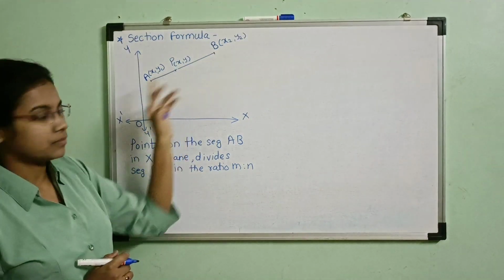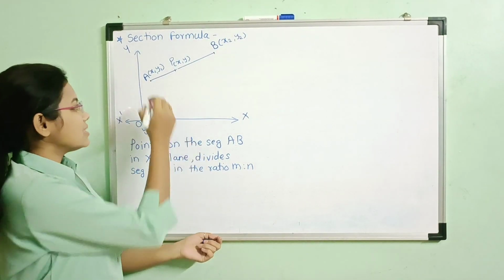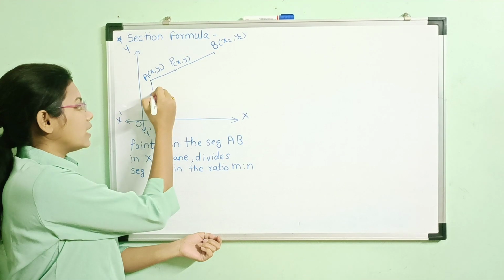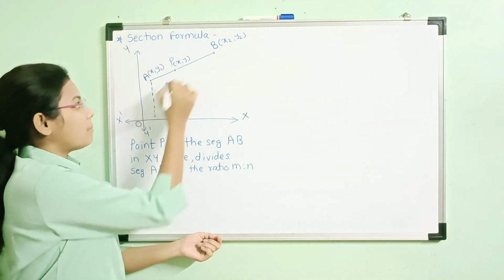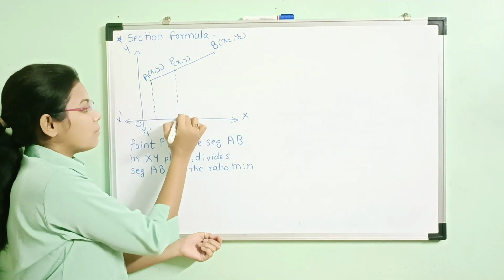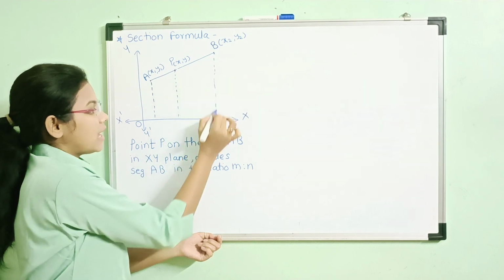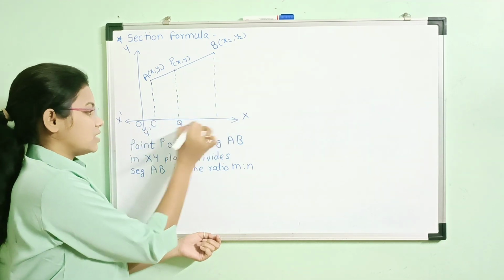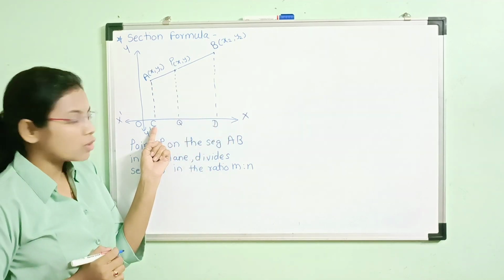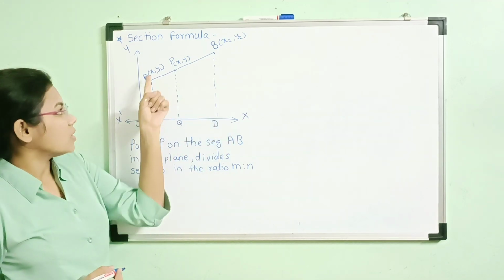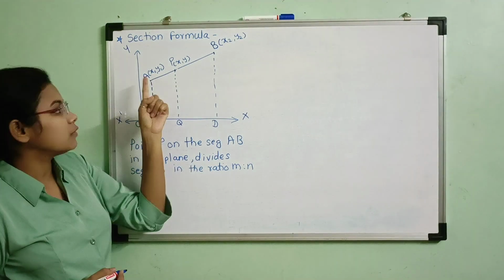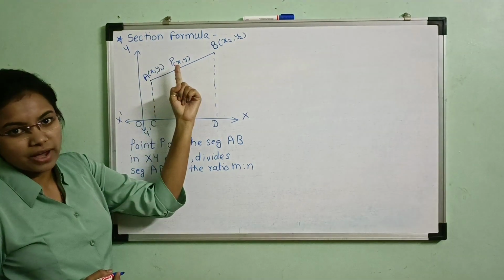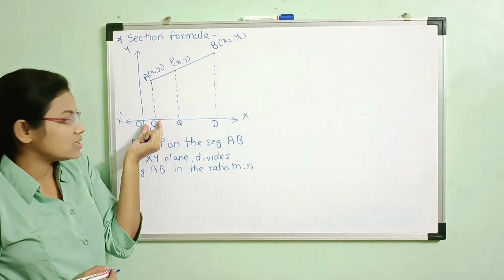For that, we just drop perpendiculars from A, P and B. I am naming these points C, Q and D. What will be the coordinates of C? Because here we are dropping a perpendicular from the point A, x1, y1, this distance will be x1.